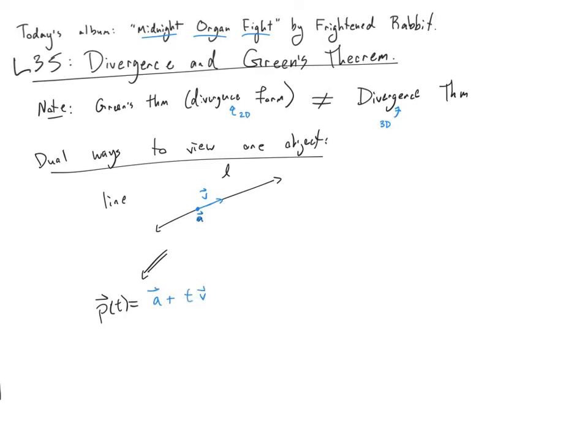On the other hand, we said that there's an implicit form. So this was the parameterized form.